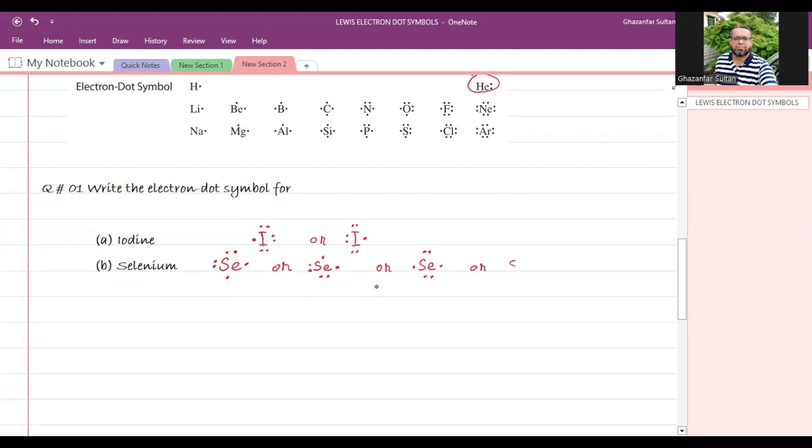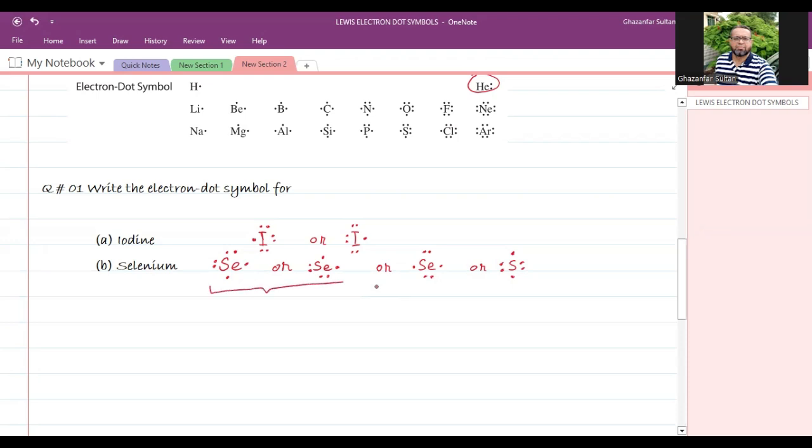Or it could be like this: lone pairs. These are called lone pairs, but not here; you just say the electron pair, electrons in pair, and single electrons.